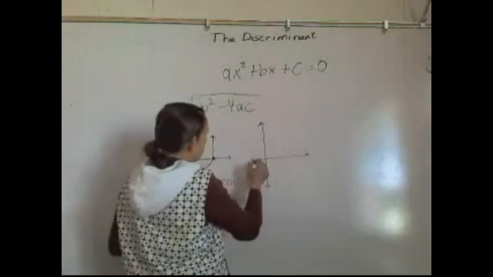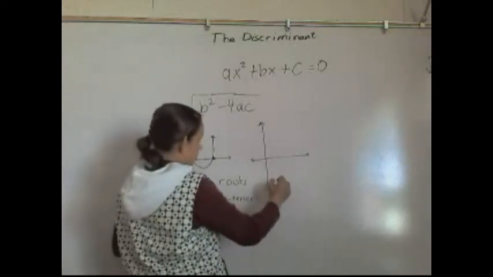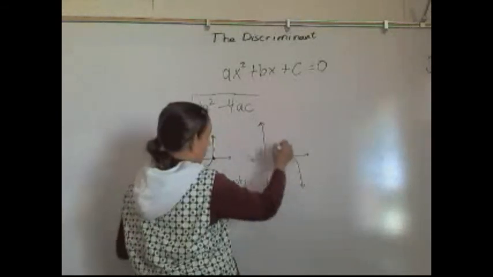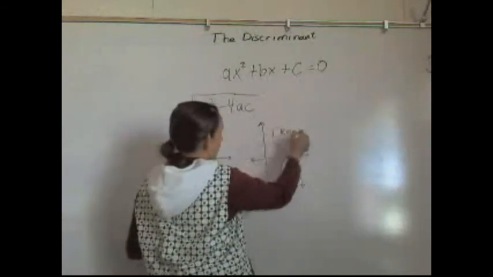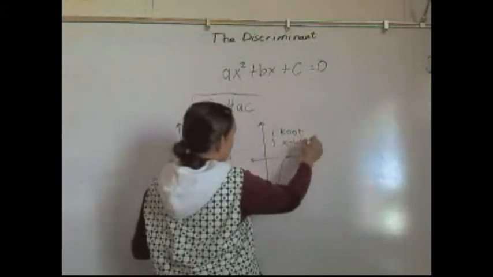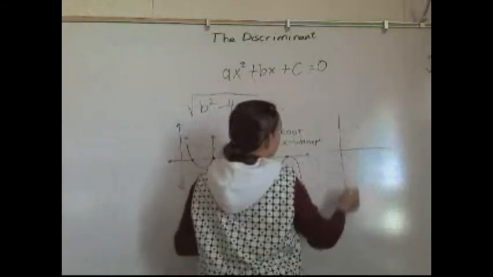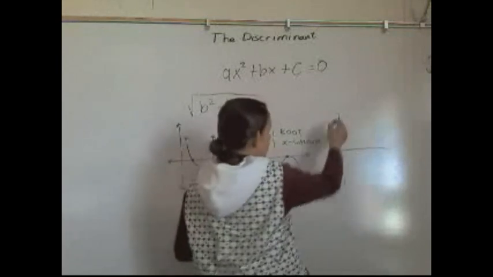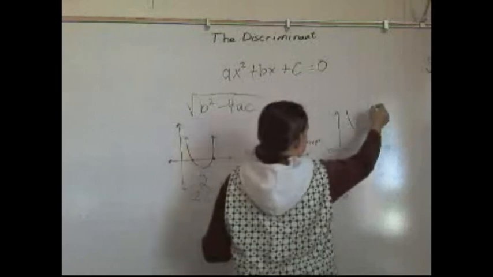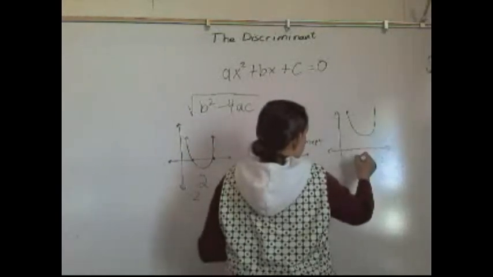If your graph has 1 root or 1 x-intercept, it's going to touch the x-axis once. So that will be 1 root, 1 x-intercept. And if your graph has no roots or no x-intercepts, then your graph is not going to touch the x-axis. It's just going to go up here.